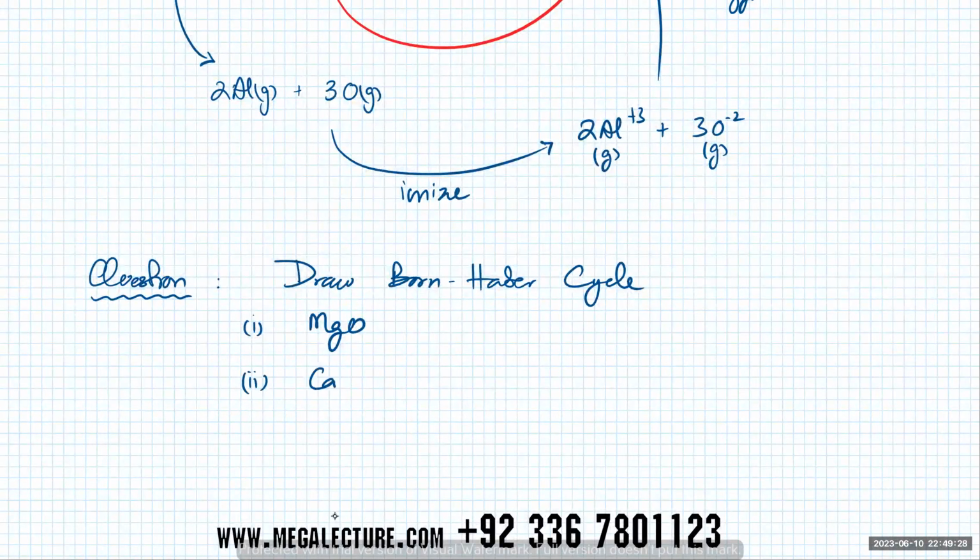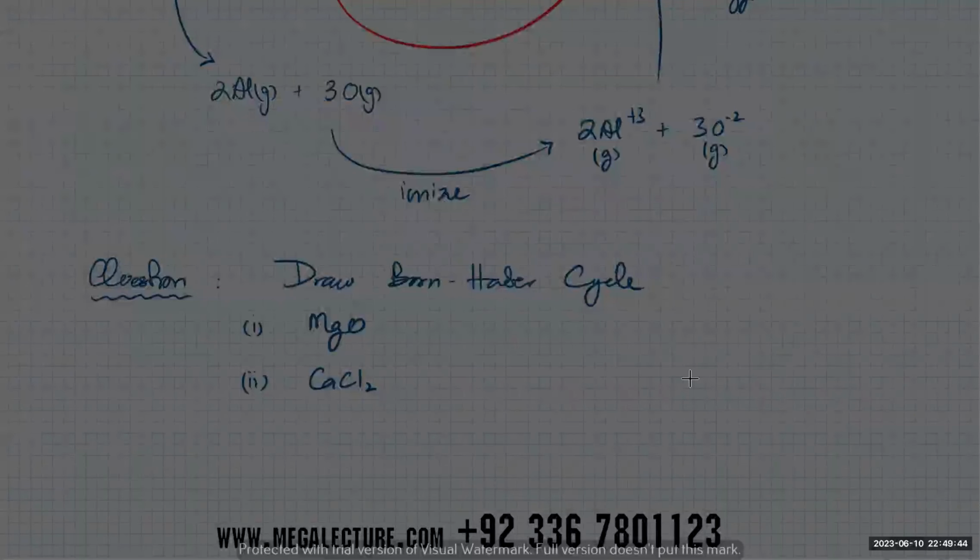Then do it for calcium chloride. That's it. Draw two bond cycles, one for MgO, one for calcium chloride. ठीक है? Okay. So just try and do this one, ठीक है?